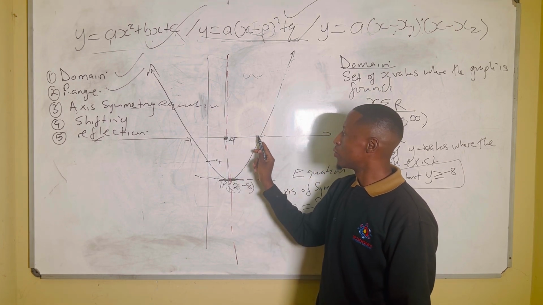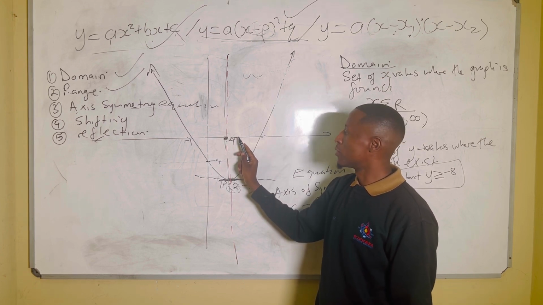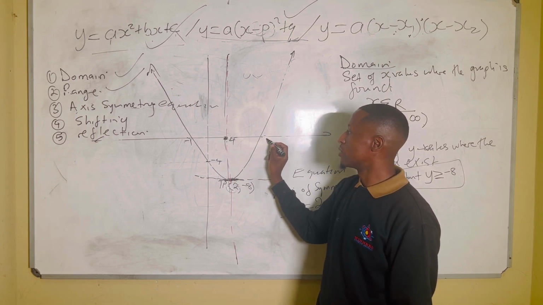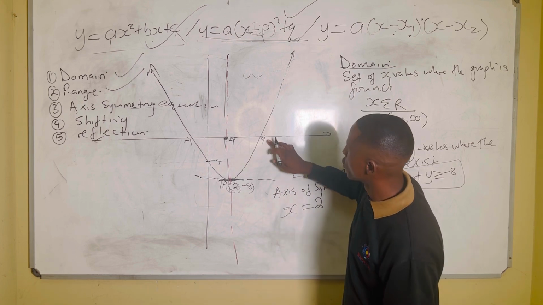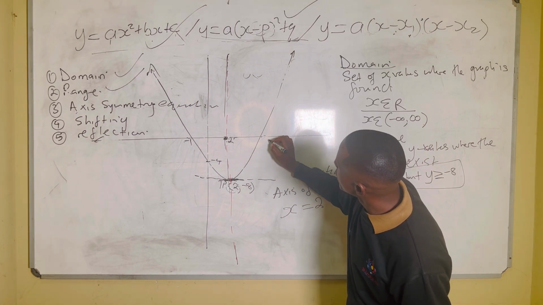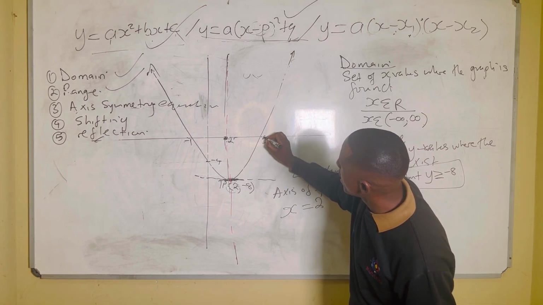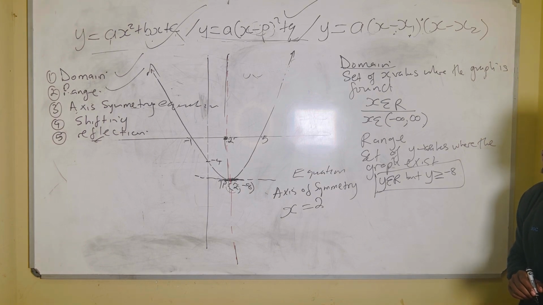From here to here is supposed to be 5 units also. So from 4, if you add 5, it gives you 9. You need to understand that concept. Here we had 2, here we had 5, and that will be your equation of the axis of symmetry.